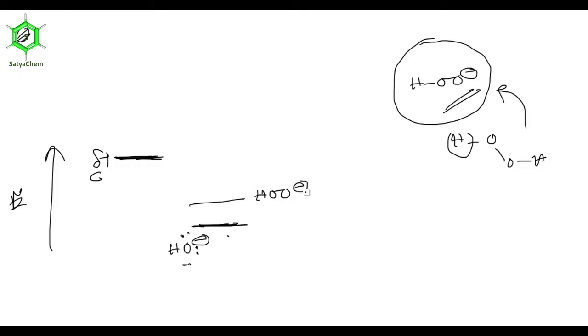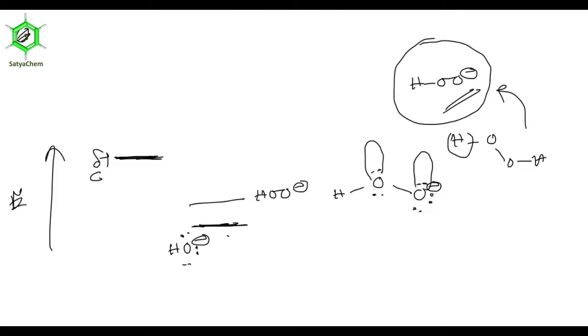Now why? Because in HOO minus, here 3 non-bonded electron pairs, and in the other oxygen also it has 2 non-bonded electron pairs. So due to lone pair repulsion, the energy of HOO minus will be higher than that of HO minus, because in HO minus there will be no such lone pair repulsion.